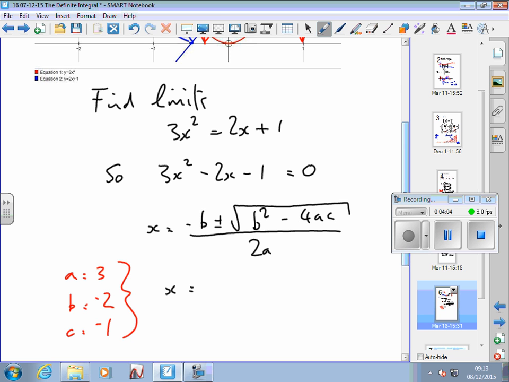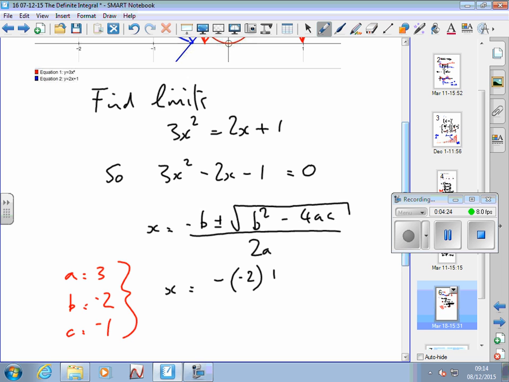If I were putting these numbers into the quadratic formula, I'd be very careful about signs, certainly if b and c are negative. So I'd be tempted to literally rewrite this quadratic formula and put the numbers in brackets and then worry about the signs afterwards. Minus b, what's b?